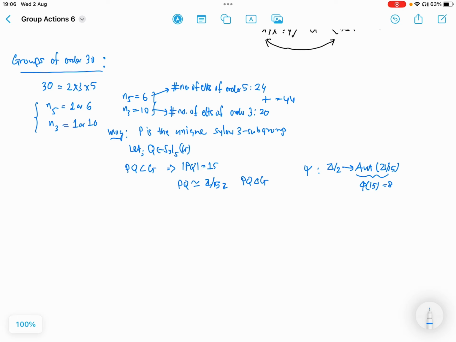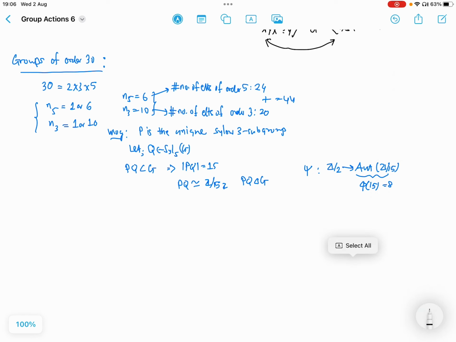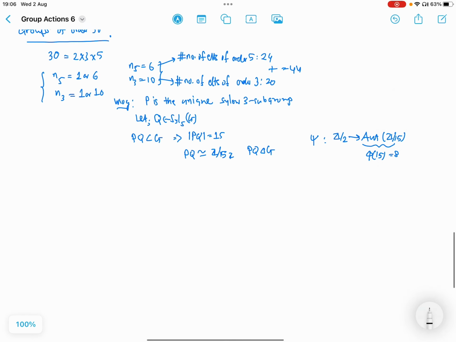And here the groups of order 30 are not simple. So firstly, let's see an example of a simple group. Let me state the main theorem, or the main goal, for this video. A5 is a simple group of order 60, right?